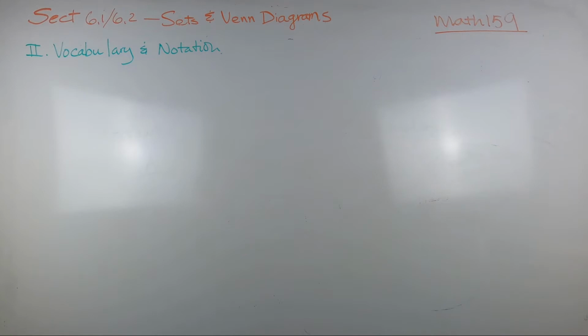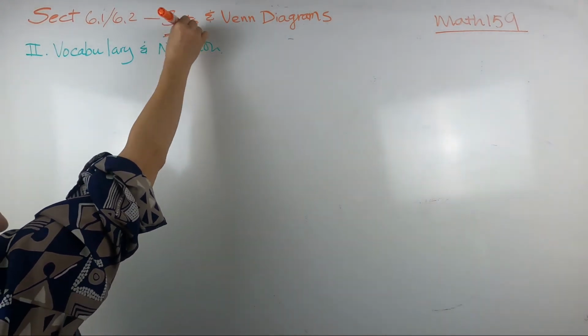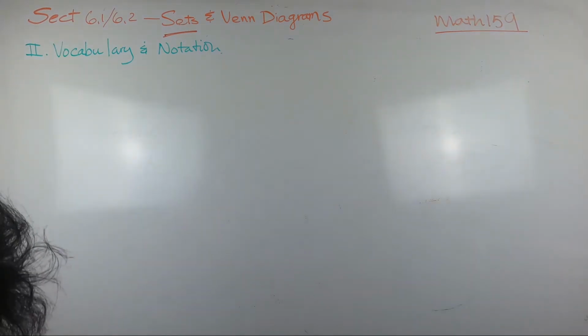Now let's talk about something called sets. We just talked about Venn diagrams. Now let's talk about sets. Sets are a fundamental thing in math. We use those to express an idea.